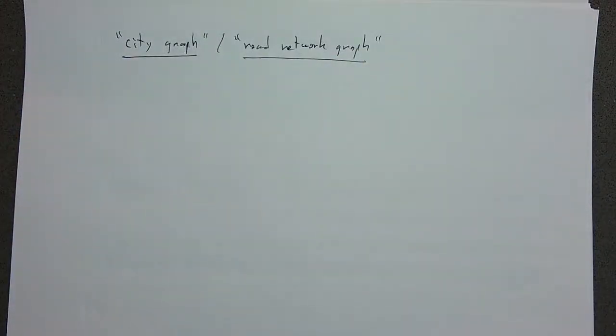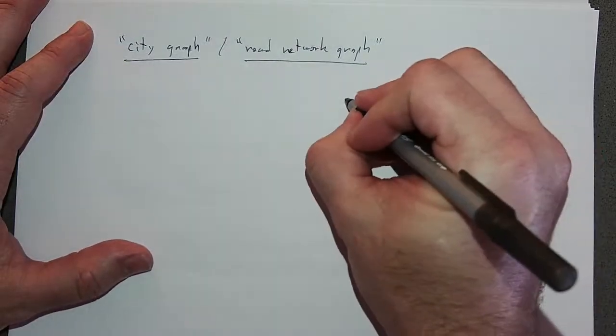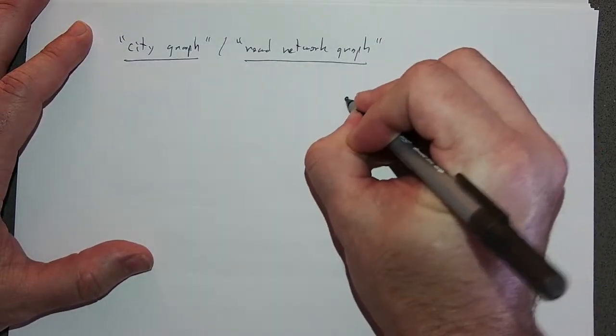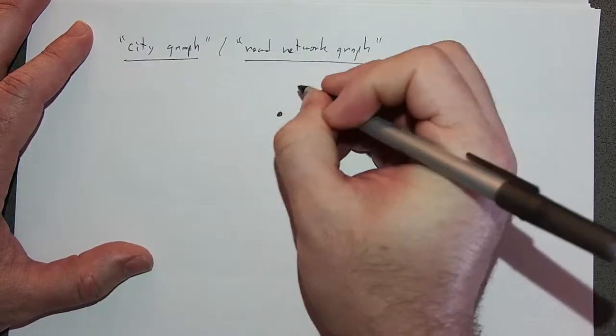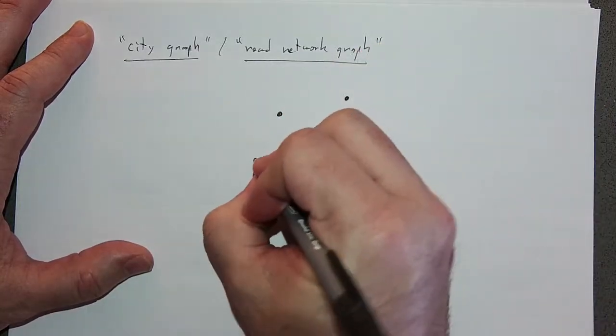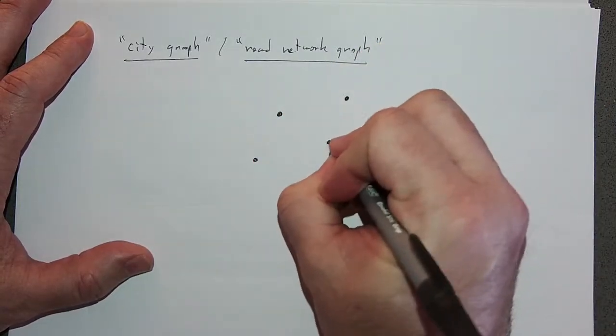I'm going to draw a picture here and then I'm going to read some stuff. So let me draw a nice picture so I don't have to keep holding up a book. That would be very nice.